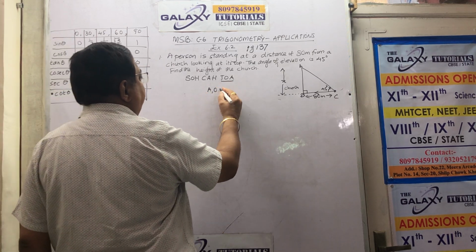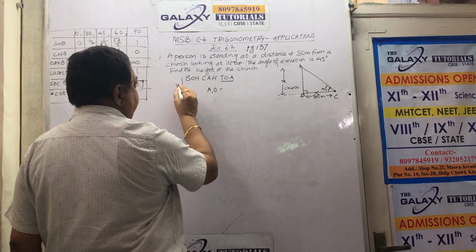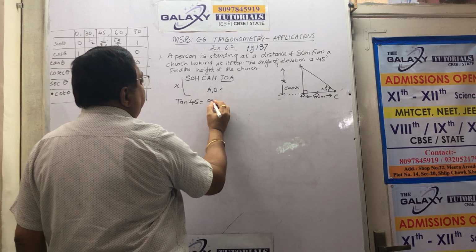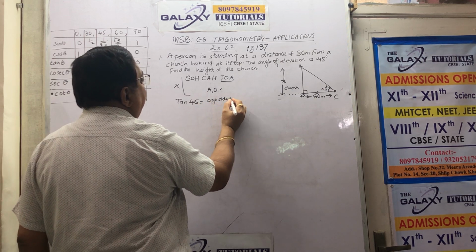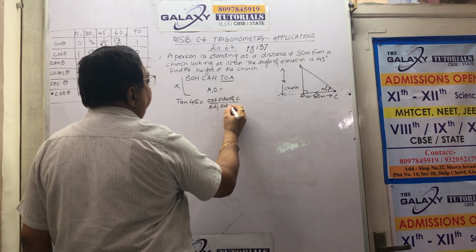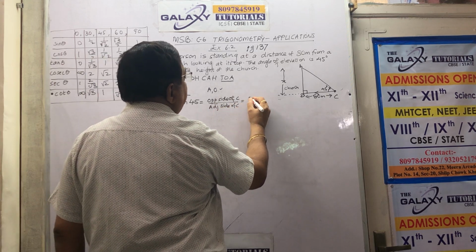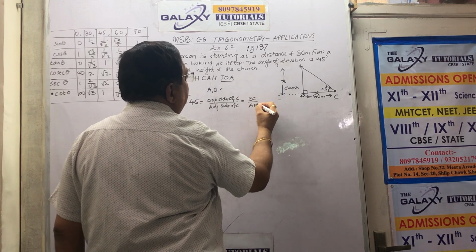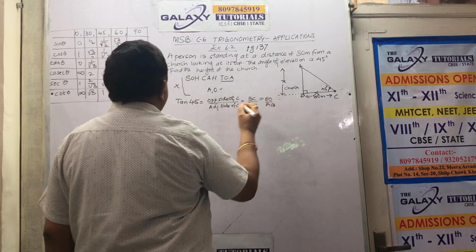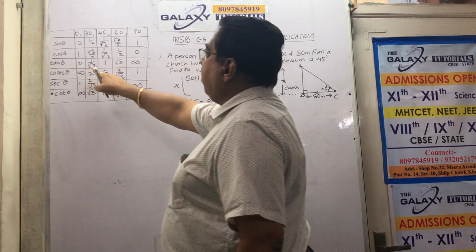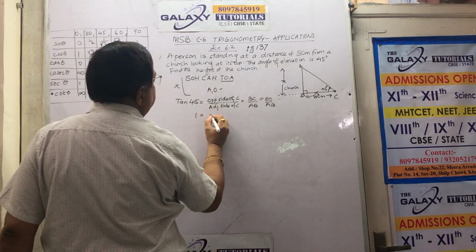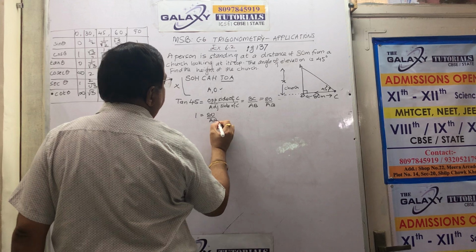So, that is the first thing. You don't have to write this in the exam. Tan 45 is the opposite side of C upon the adjacent side of C, or BC upon AB. BC is 80, AB I don't know. Tan 45 is 1. So 1 is equal to 80 upon AB.